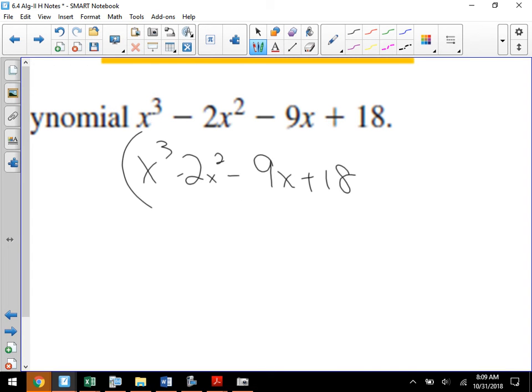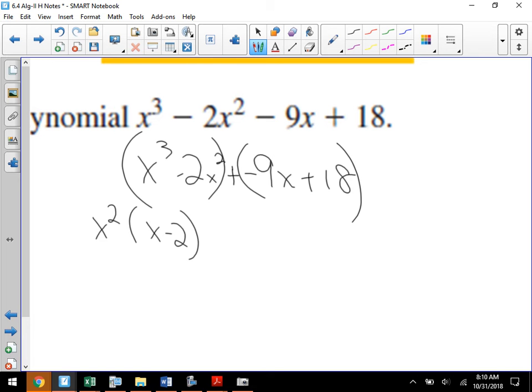So remember we group them here. What was the GCF? X squared. Then I'm left with x minus 2. Again, the reason why I put that negative inside the parentheses is to remind myself to take it out. So what is the GCF of a 9 and an 18?